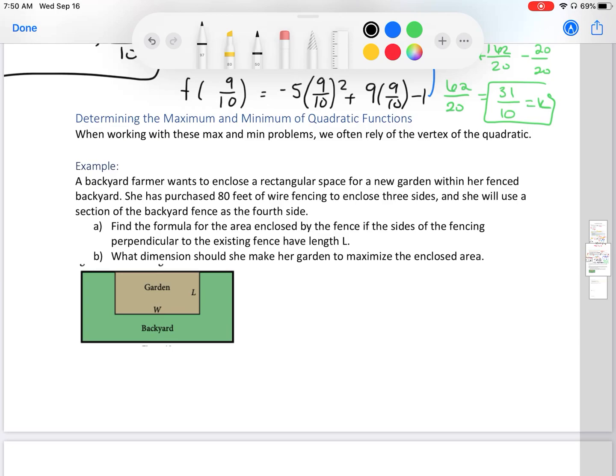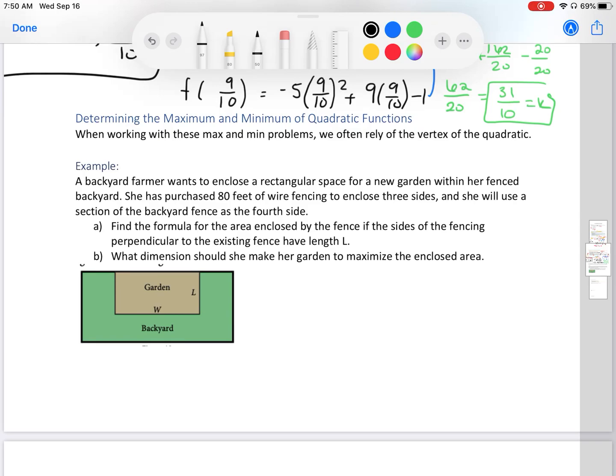Determining the maximum and minimum of quadratic functions. A backyard farmer wants to enclose a rectangular space for a new garden within her fenced backyard.